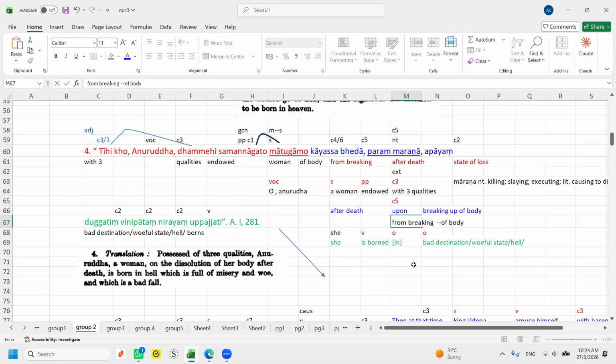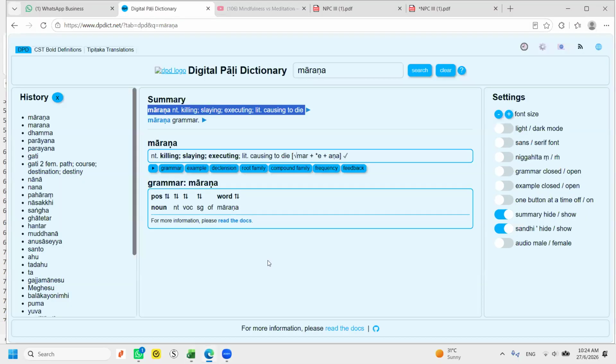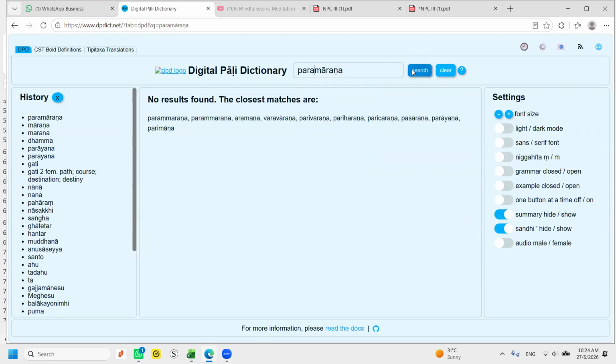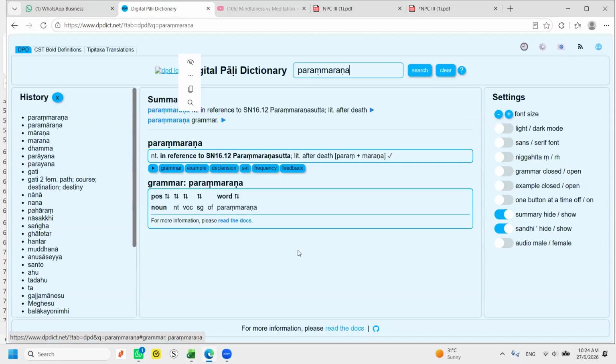Okay, now this one, paramaṃ marana. If you look at the dictionary, paramaṃ marana. This is the one joined together. Can you see?